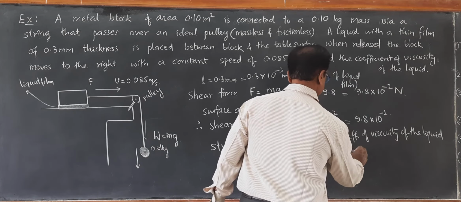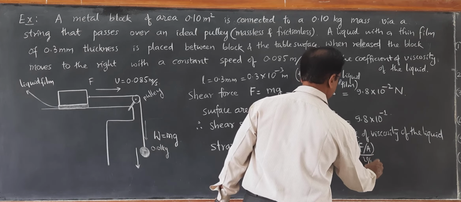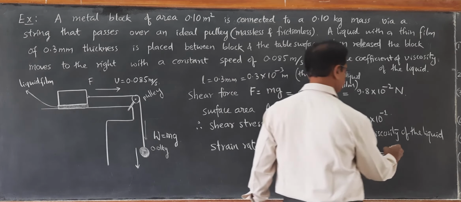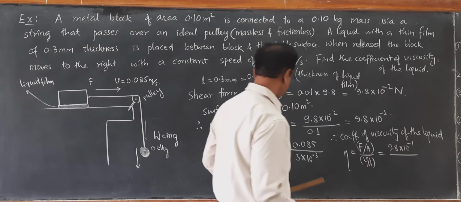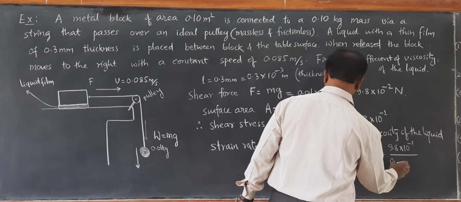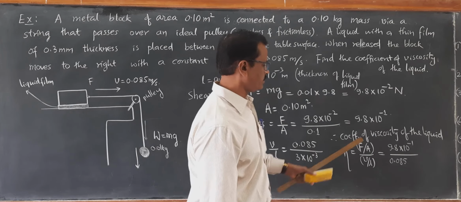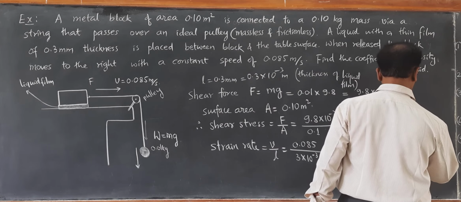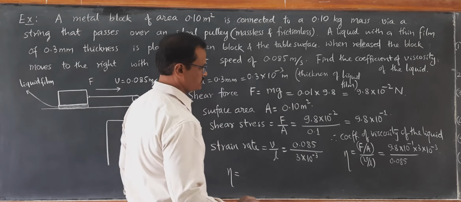Eta is equal to F by A divided by V by L. F by A we have already calculated as 9.8 into 10 raised to minus 1, divided by V by L. V by L is 0.085 divided by 3 into 10 to the power of minus 3. So if you calculate this, it becomes the coefficient of viscosity.